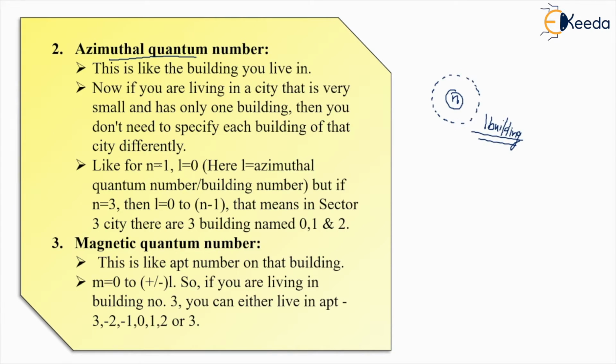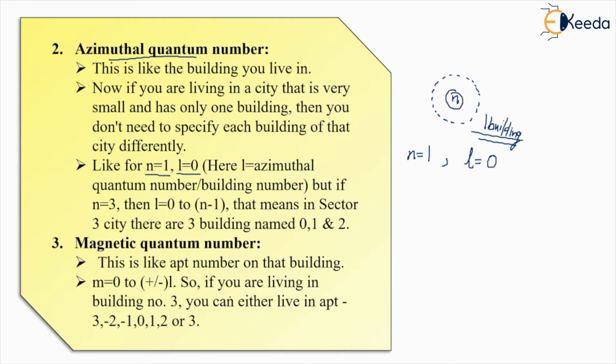For example, for n equals 1, l is equal to 0. For the first principal quantum number, the azimuthal quantum number is 0. So if n equals 1, my l is equal to 0. Correct? So here is the azimuthal quantum number, or the building number.